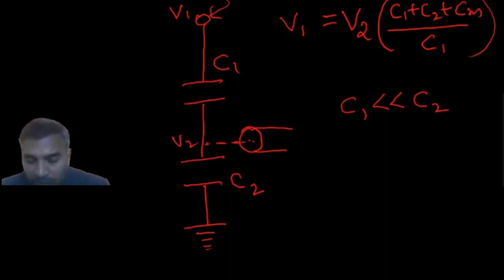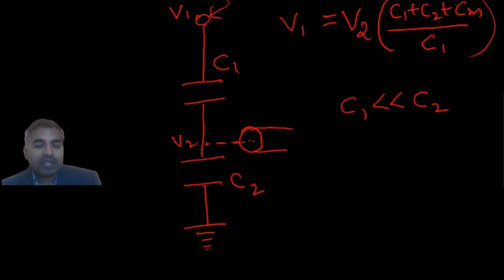And for the V1 by V2 ratio, if you see this equation, C1 plus C2 plus Cm by C1, V1 is inversely proportional to C1. If you want the ratio V1 by V2 to be high, then C2 should be more and C1 should be less. That's the only way.